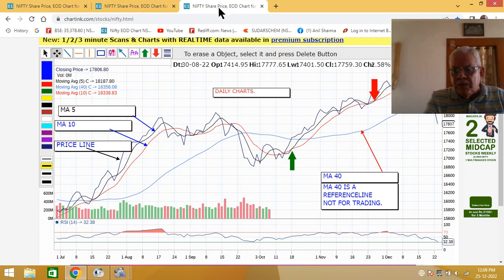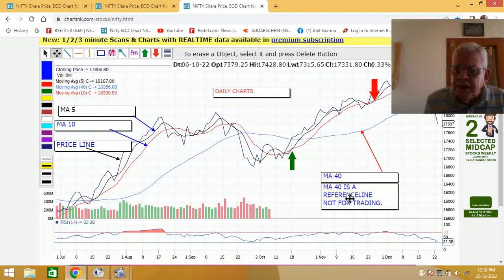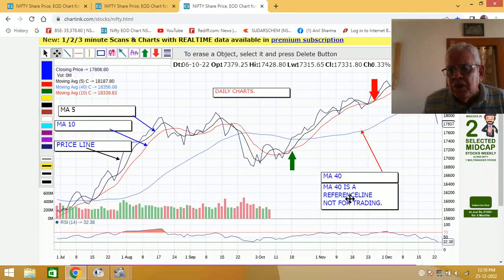Now coming back to the moving average of 40, I have read in various research papers on moving averages that some people take 40, some people take 44. They are reference lines, not meant for any trading. Now it is up to you what you choose. I have told you my success with 5 and 10 was very great.